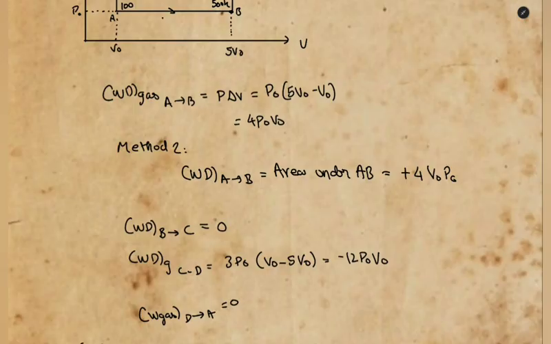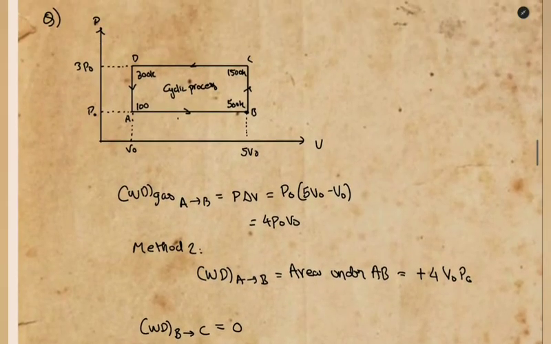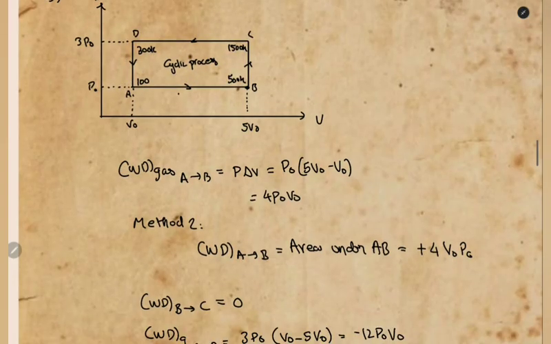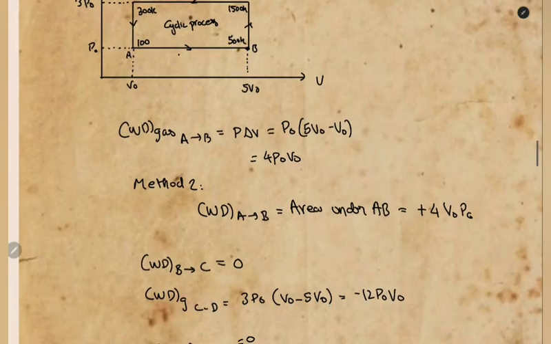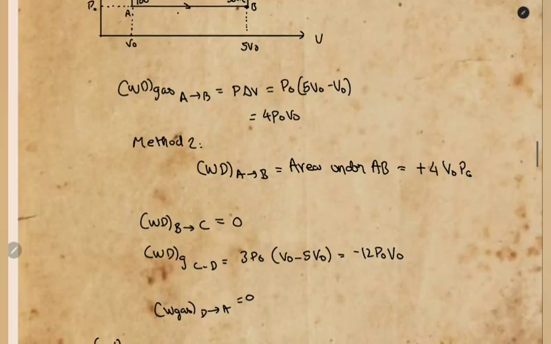Work done from A to B, the area under the AB graph, you can also find in that way. This area will basically represent the net work done. If you want the work done from A to B, you need to calculate the area under this. Area under AB for V naught, P naught.